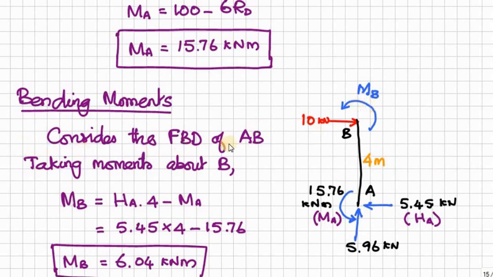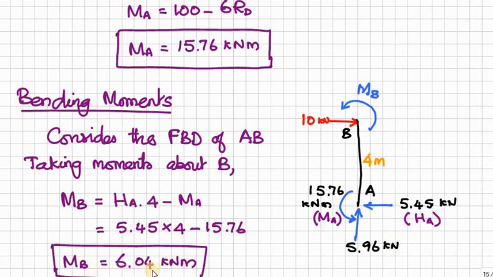So consider the free body diagram of AB, then taking moment about B, we have MB is equal to HA into 4 meter minus MA. Because RA is acting through B, there is no moment contribution from RA.